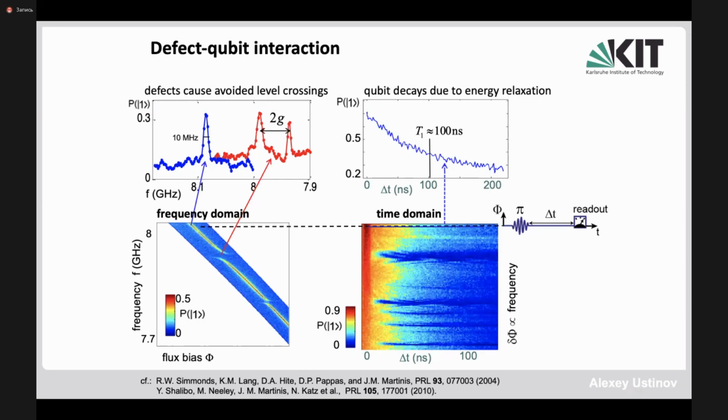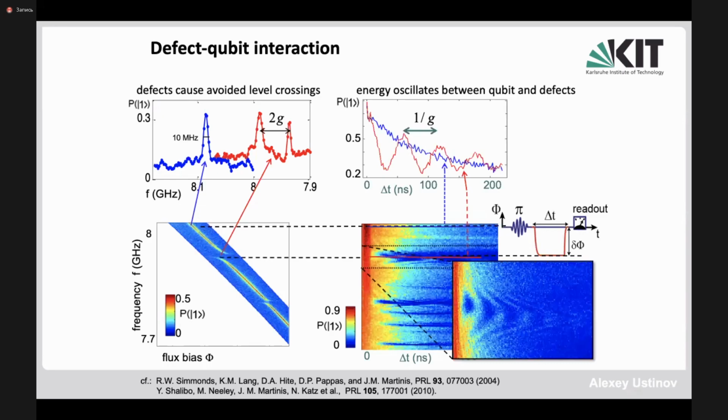So in the very first experiments with phase qubits, people observed a very peculiar property, showing that the tilted cosine potential, which is expected to have a very smooth dependence of the energy level separation on the tilt, shows some interruptions in this dependence, which have a very characteristic shape of avoided level crossings.